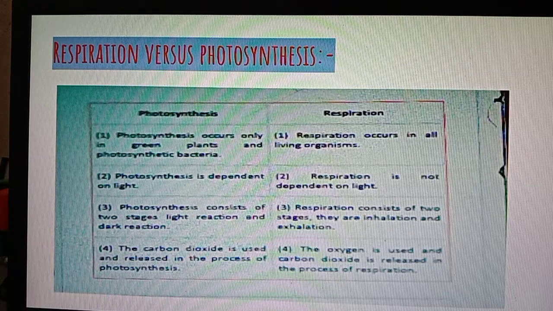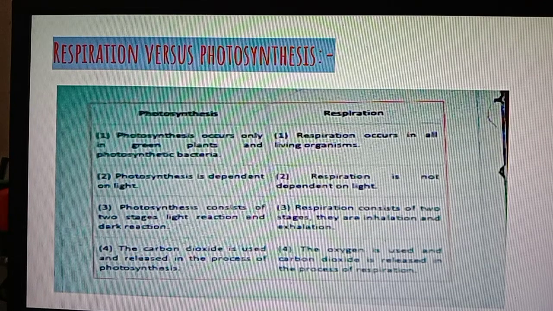Photosynthesis is dependent on light. फोटोसिंथेसिस में लाइट इज नीडेड, but respiration is not dependent on light. Light is not needed.